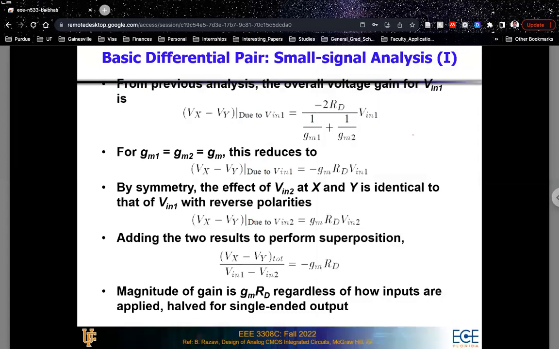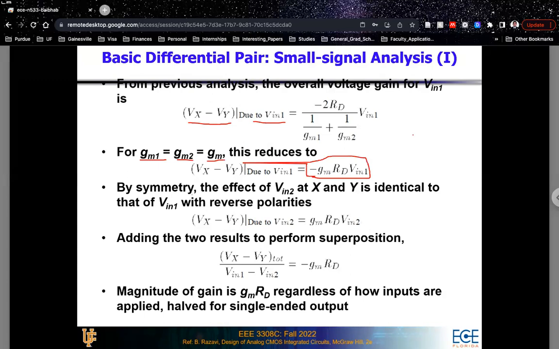So from these two equations, you can find out Vx minus Vy due to Vin1, and that will become minus twice Rd divided by 1 over gm1 plus 1 over gm2 times Vin1. Now if gm1 and gm2 are equal to gm, that reduces to minus gm times Rd times Vin1.